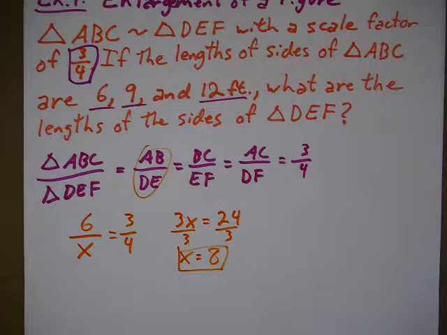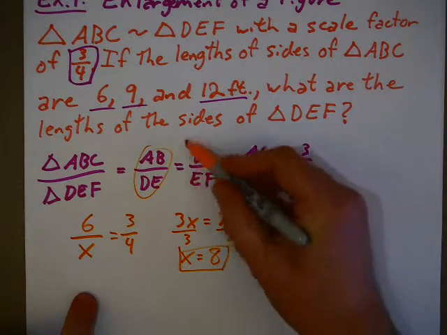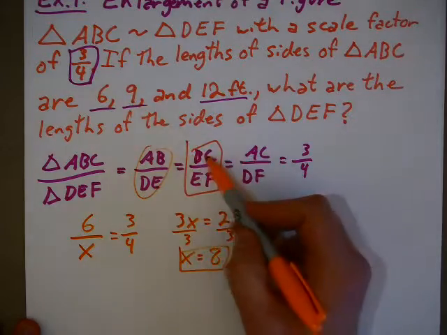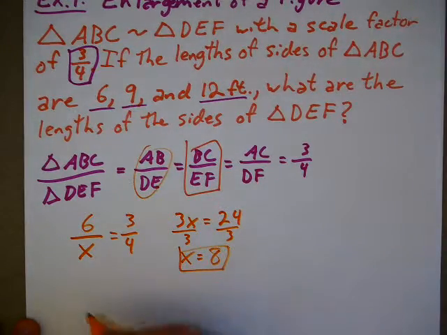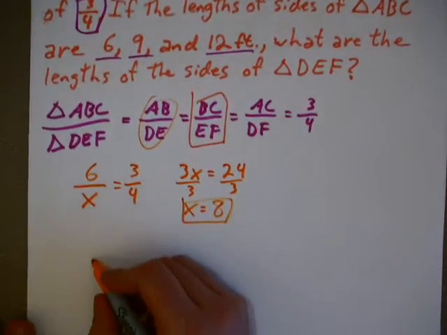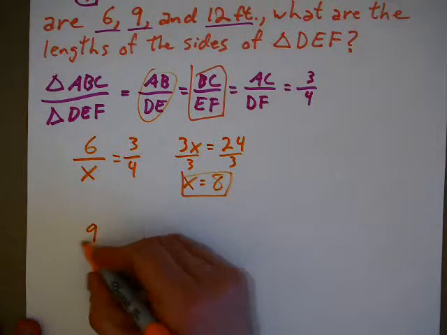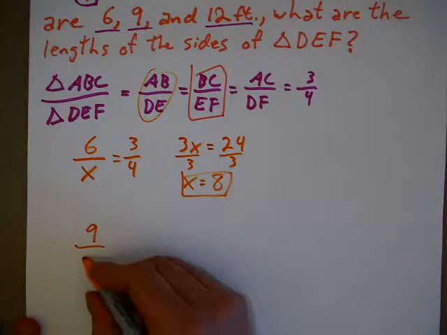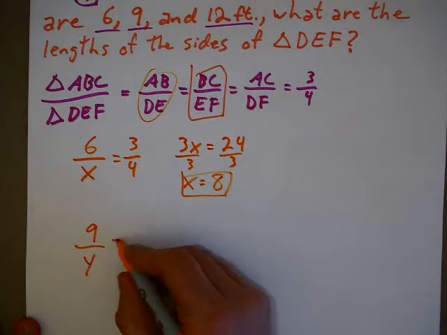Next, I'm going to deal with BC and EF. And again, I don't know the value of BC, but I'm just going to assign it as 9. So it's going to be 9 over, and I don't know, they didn't give us a variable, so I'm going to assign a y, because I've already used x.